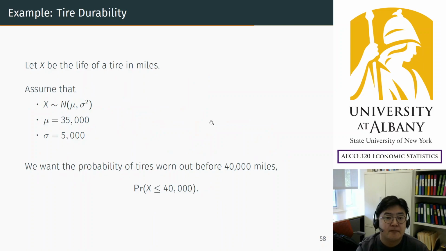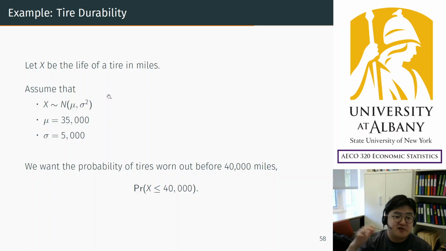Okay, so let me think about a real example. Suppose that x is the life of a tire in mileage. The life of a tire is normally distributed with mean 35,000 miles and sigma 5,000 miles, for example, right?